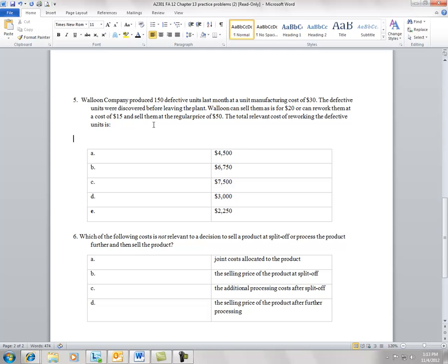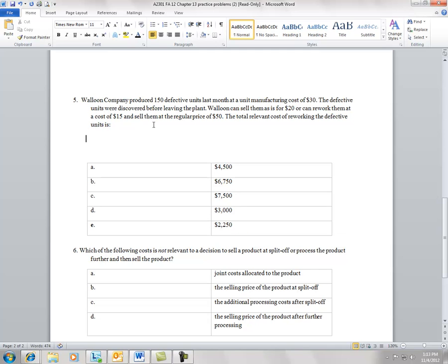So we can see here we have 2 alternatives, and this particular question is not asking us to choose between the 2 alternatives, but instead is just asking what's the relevant cost if we rework the defective units.